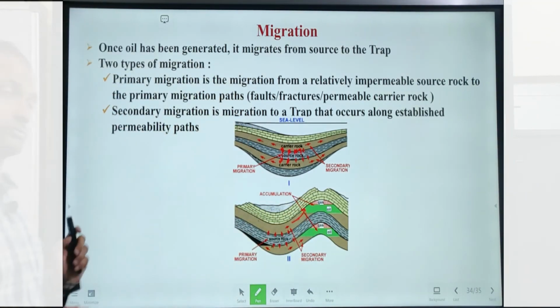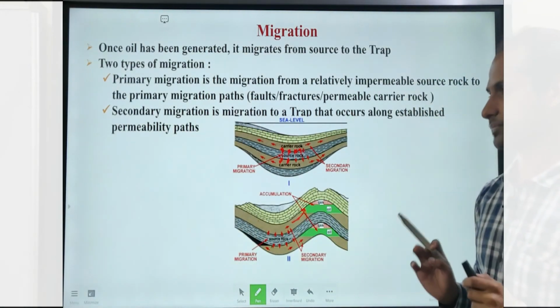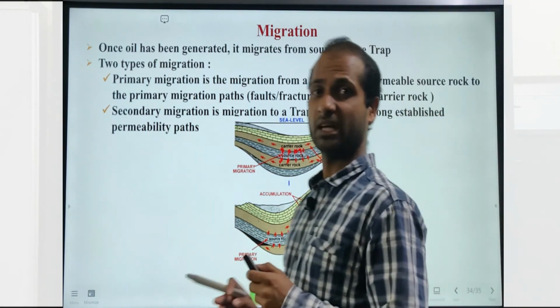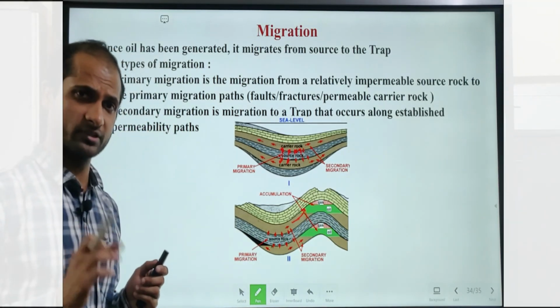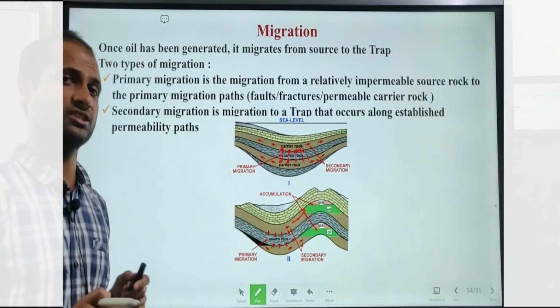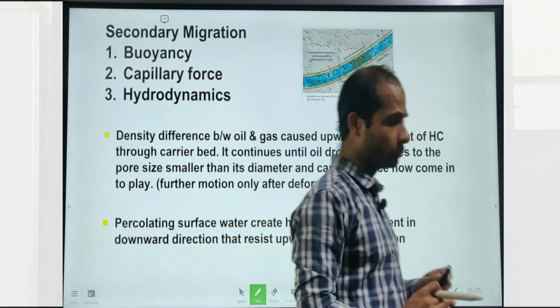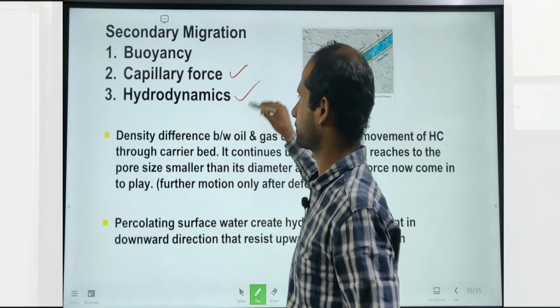What are the factors responsible for secondary migration? The main factor is buoyancy. Apart from buoyancy, the two more factors are capillary forces and hydrodynamics.